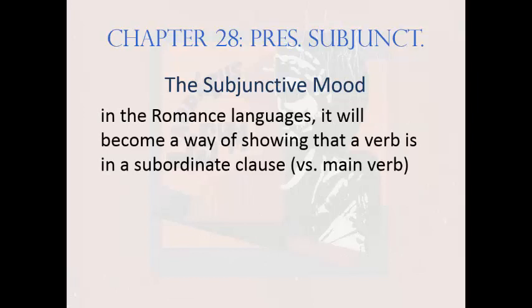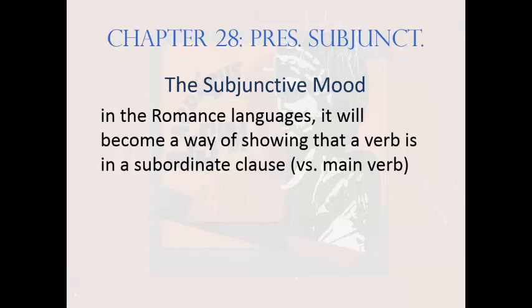If you've studied any of the Romance languages, French, Italian, Spanish, the languages into which Latin evolved, modern Latin, so to speak, you've probably already encountered subjunctive forms. There, among their other uses, they serve to indicate that the verb is in a subordinate clause of some sort. In other words, it's finite, but it's not the main verb of the sentence.